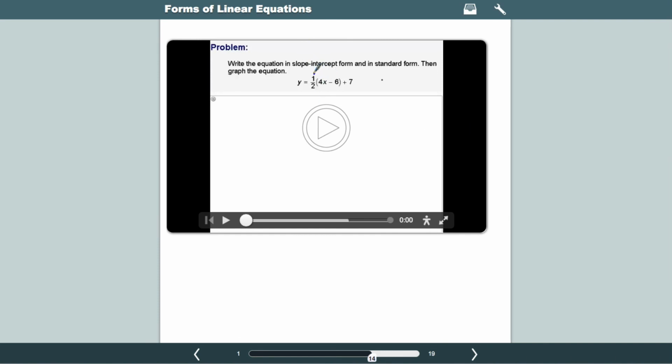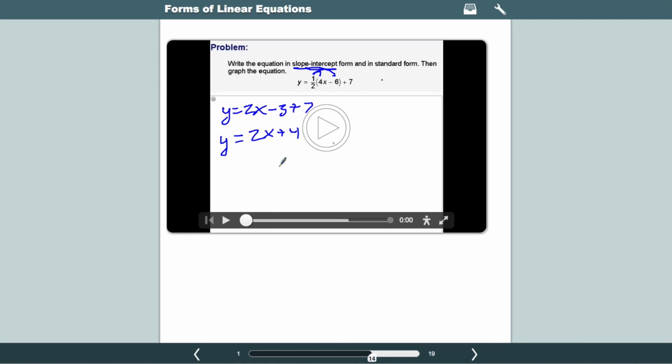We have to distribute. Then we would get y equals, what's 1/2 of 4? That would be 2x. And what's 1/2 of negative 6? That would be negative 3 plus 7. Combine the negative 3 and the 7, we have y equals 2x plus 4. So there's our slope-intercept form.